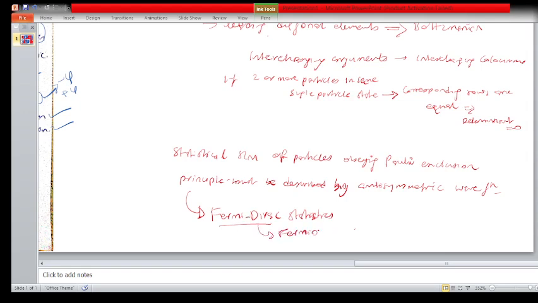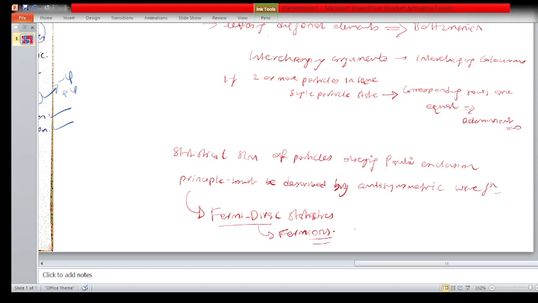So all fermions are represented with the antisymmetric wave function, and those particles which follow Fermi-Dirac statistics are called fermions.